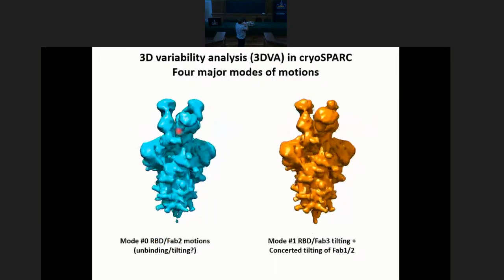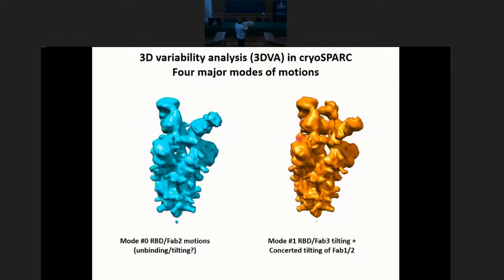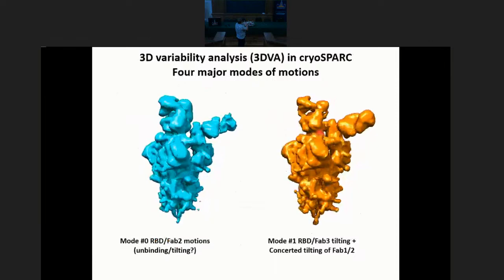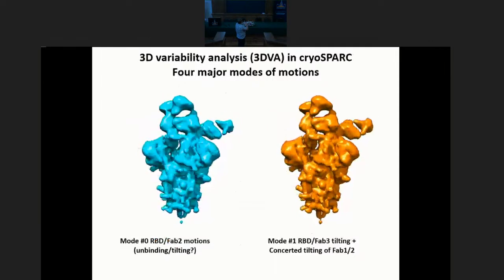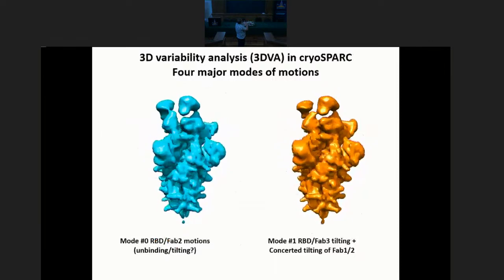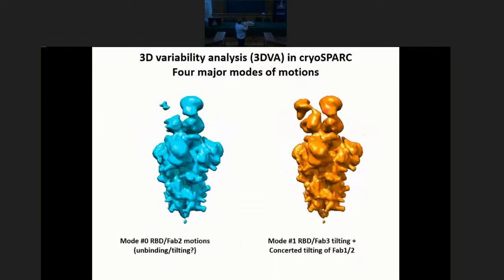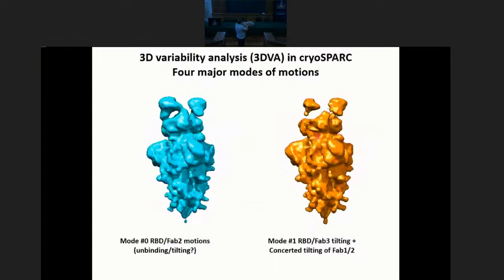But the second mode includes a large movement of the 3rd FIB fragment and 3rd RBD in concerted movement with the 2 and 1 FIB fragment and RBD.